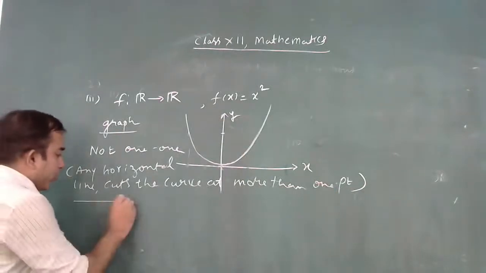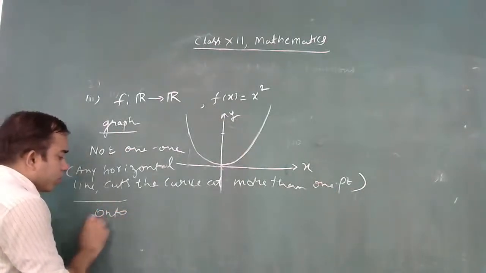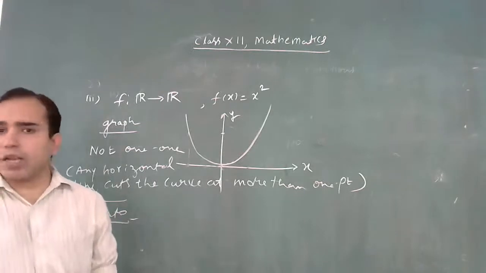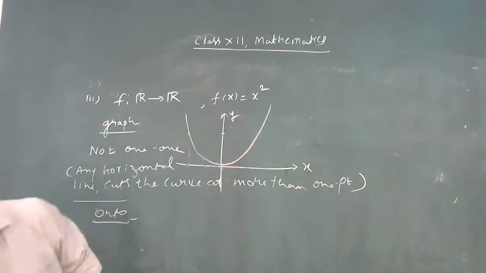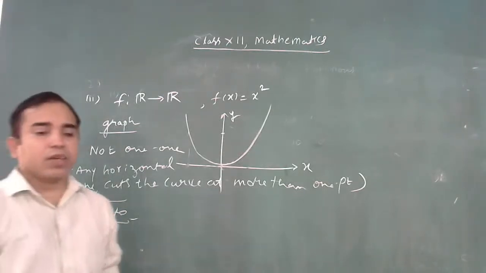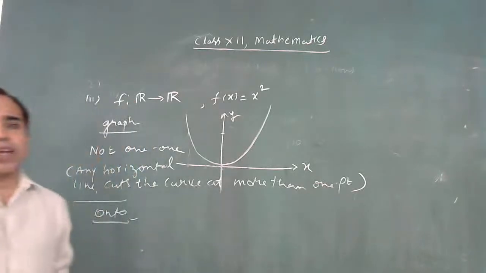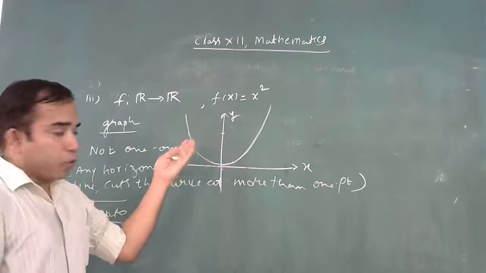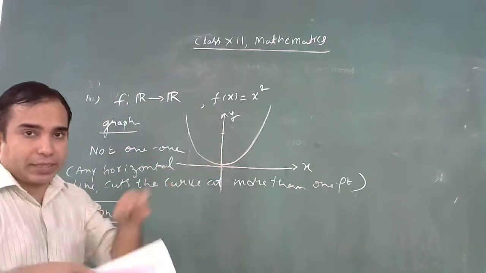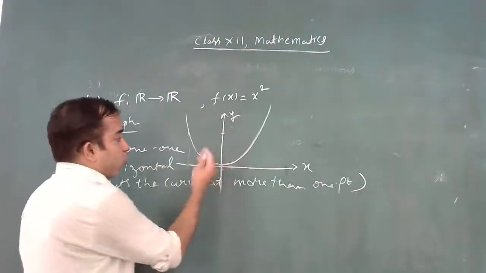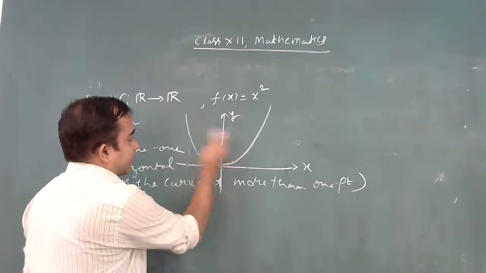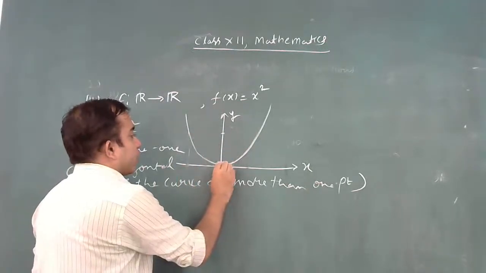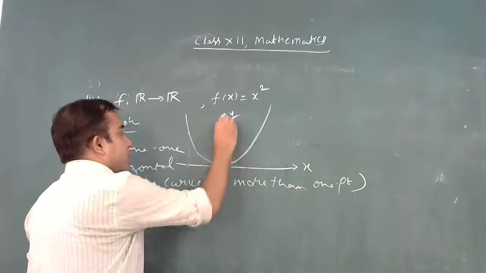And for ontoness के लिए रेंज निकाल लेते हैं। तो रेंज कैसे निकालते हैं? If the graph is given, to find out range, the way is that from the curve you take the projection of curve on y-axis. Projection means shadow. Draw the perpendiculars on y-axis, right? And perpendiculars will fall on this part of y-axis, right?